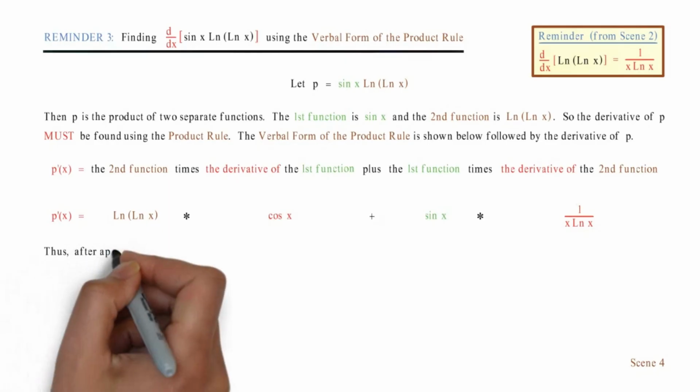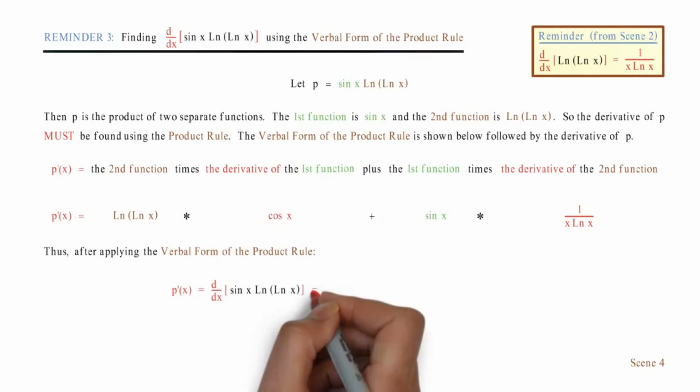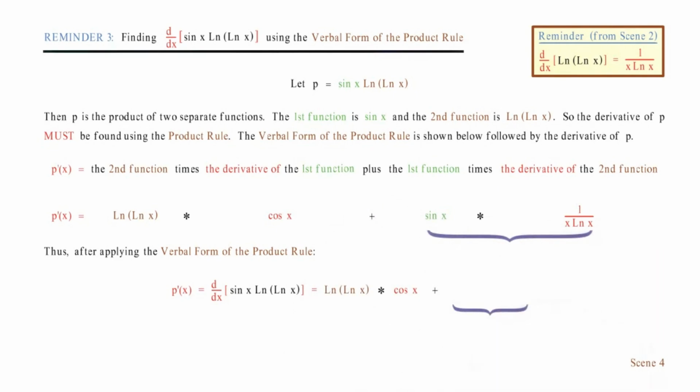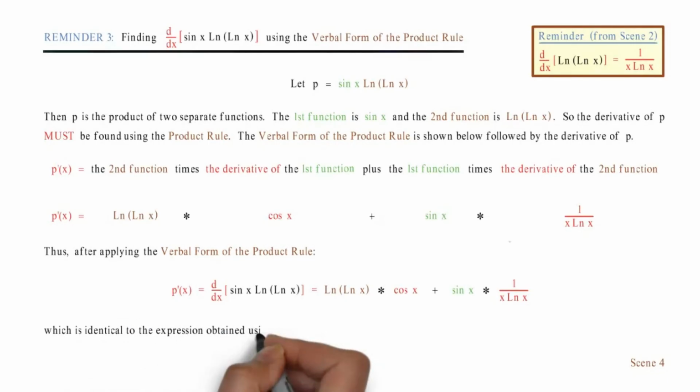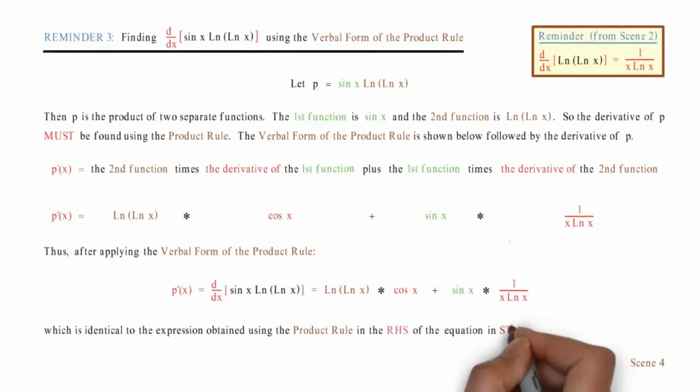Thus, after applying the verbal form of the product rule, P' of x equals bring down, which is identical to the expression obtained using the product rule in the right-hand side of the equation in step 3, scene 2.